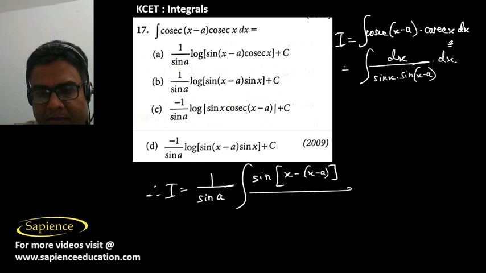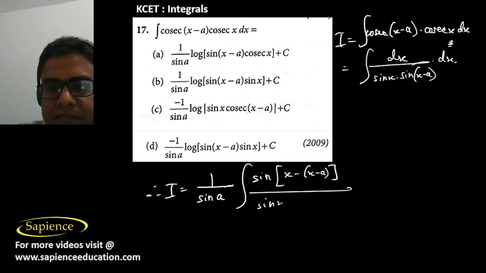So this will be sine x into sine x minus a dx.